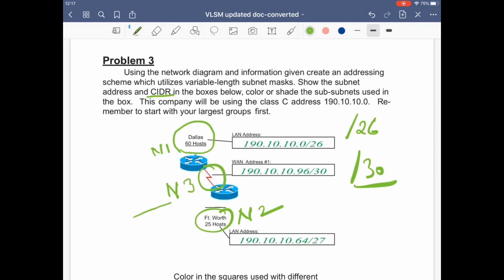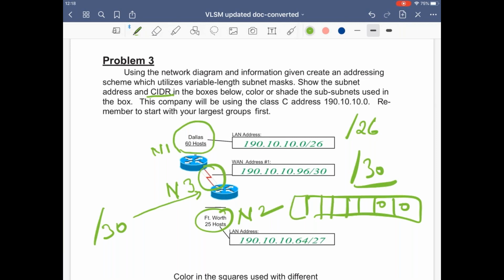Yes, I'm talking about network 3. So for network 3, valid hosts are 2, so the last 2 bits are 0 and the first 6 bits are 1. So the subnet mask will be 30 because it is 24 plus 6.